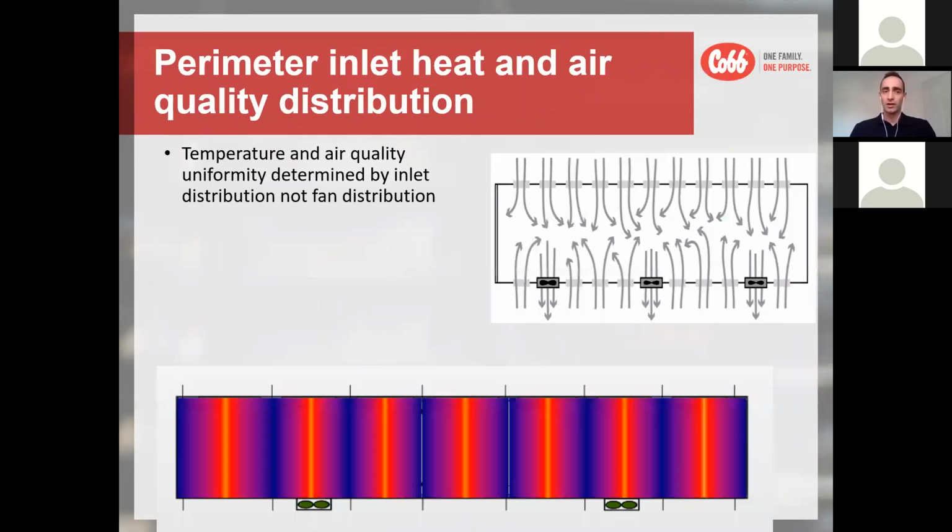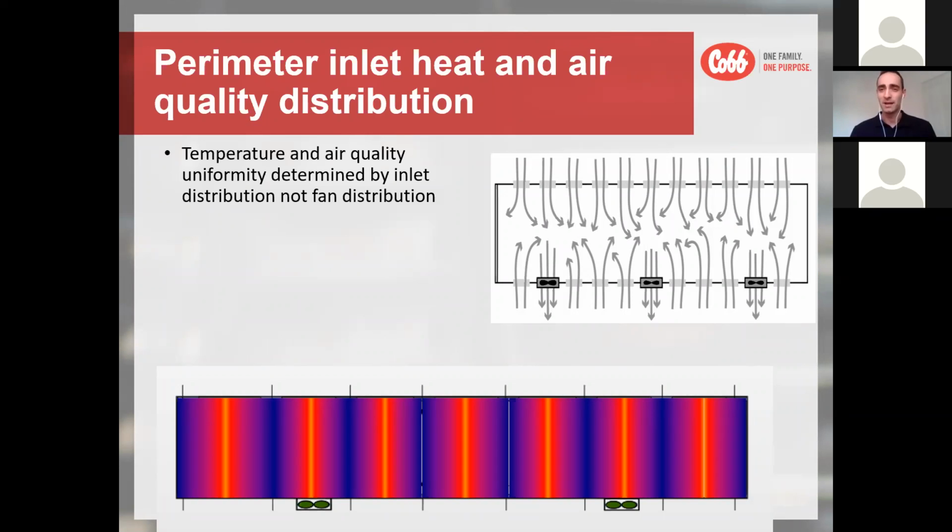So for temperature and air quality, we want it to be uniformly distributed around your house, and the way that we make sure that there's good air quality uniformity and good temperature uniformity is by having even inlet distribution around the house. I'm fully aware that this is a bit of an issue with a lot of the farms that you have at RCL, where you don't have evenly spread inlets down the length of the house.